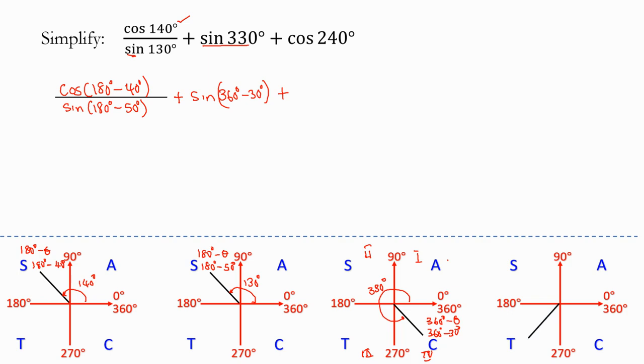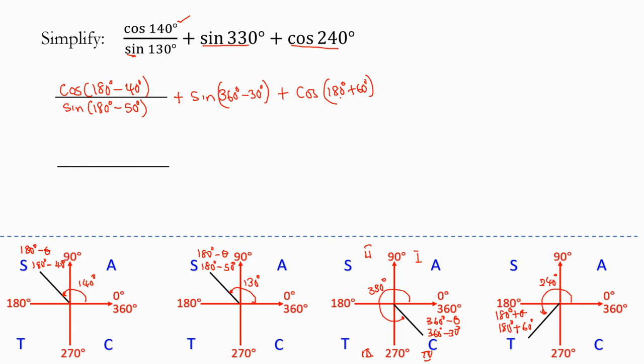So it's going to be in the form 180 degrees plus theta. To get 240, is it plus 60? Yes, plus 60 degrees. So it's cos of 180 degrees plus 60 degrees. Now we need to reduce our angles.